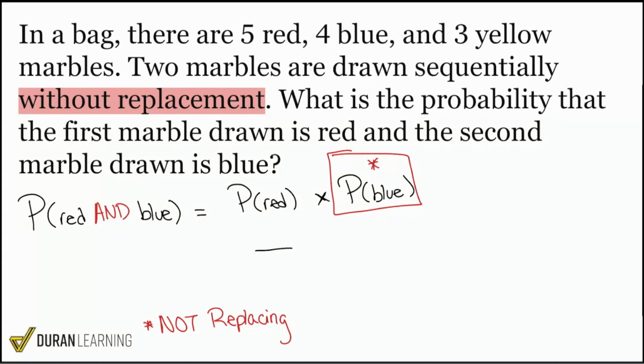The way that we get 12 is by adding these up here. 5 red, 4 blue, 3 yellow marbles. 5 plus 4 gives us 9. 9 plus 3 gives us 12. So that's where the 12 comes into play. We have 12 total marbles, and of those 12, how many are red?